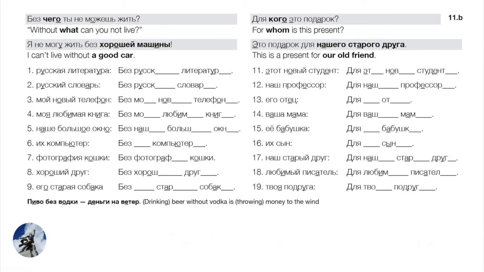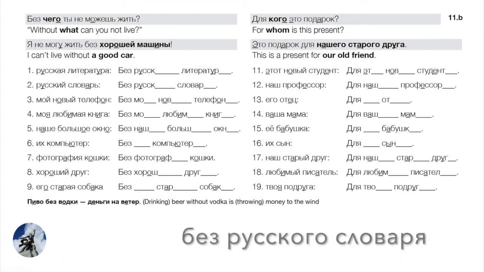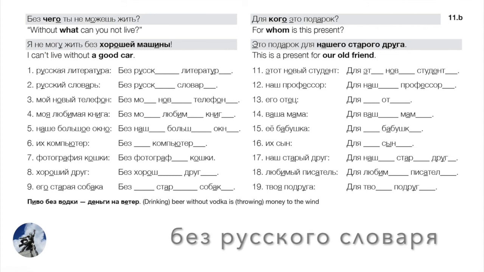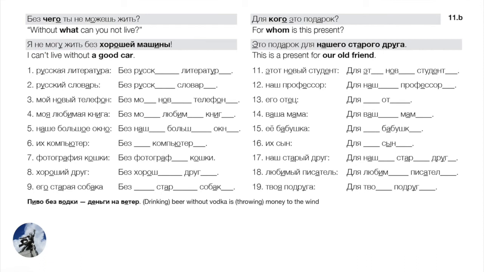Ой, right? Hard feminine. Okay, русский словарь, Russian dictionary. I can't live without a Russian dictionary. Я не могу жить без русского словаря. Now note the soft ending, словаря, right? That's a soft masculine. So we have to keep it soft. We have to add a я instead of an а.